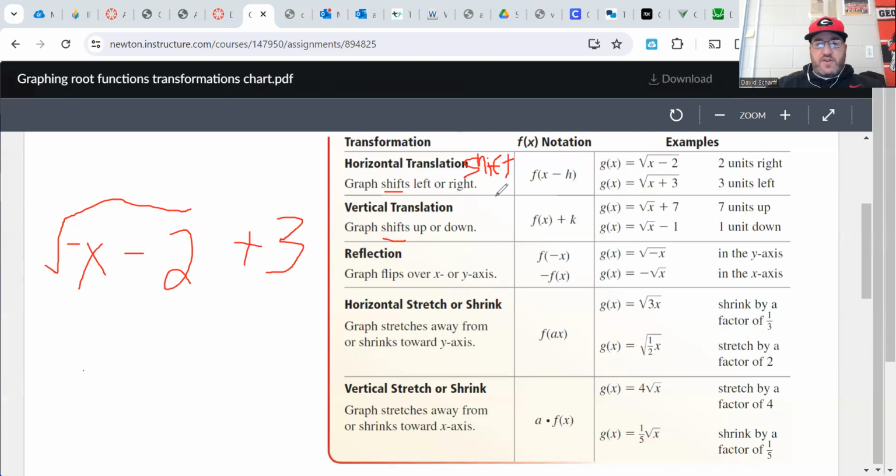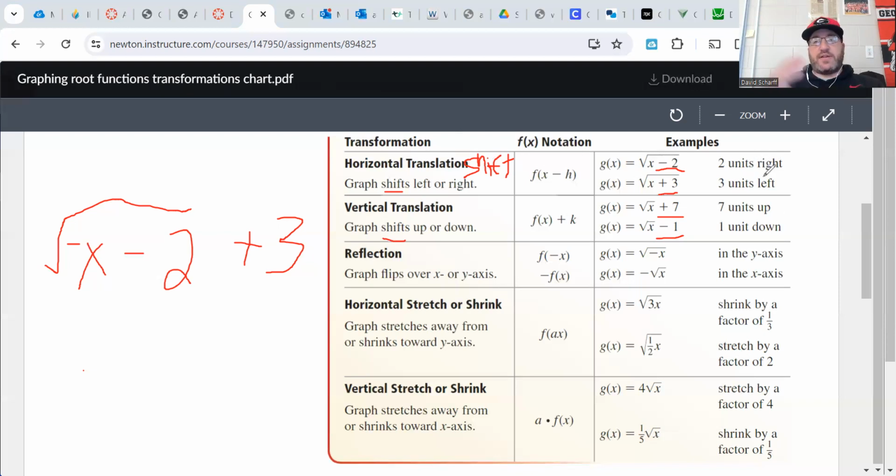So my shifts are when I have a number somewhere after x. You got your function written out, you got x, and then you have a number, minus 2, plus 3, whatever. You have a number somewhere after, okay? If it's after it, but it's still underneath the line for the square root, it's still in the house, some y'all might say. That's a horizontal translation, a horizontal shift.